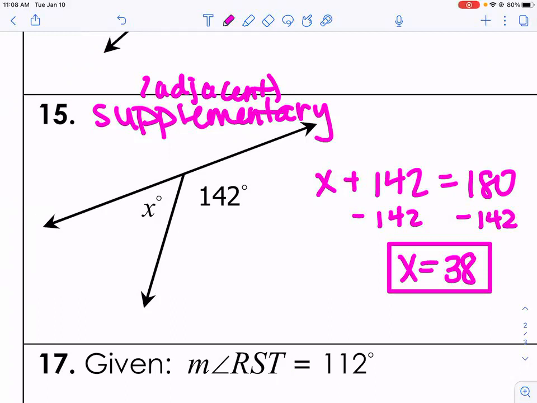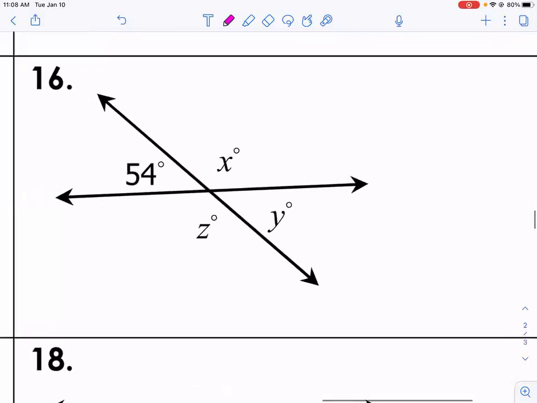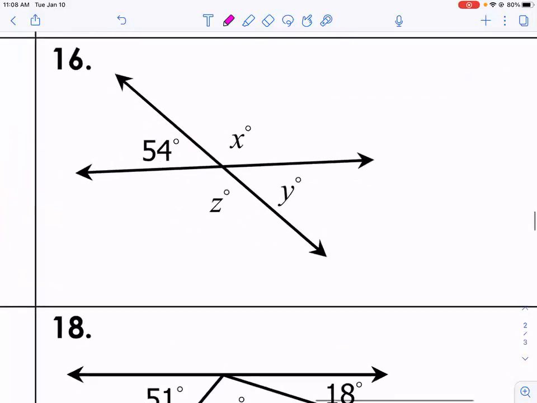You and your elbow partner, I would like you to work through number 16 and number 16 only.